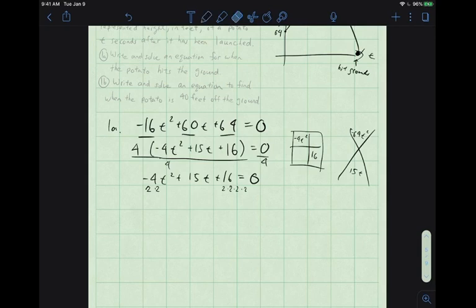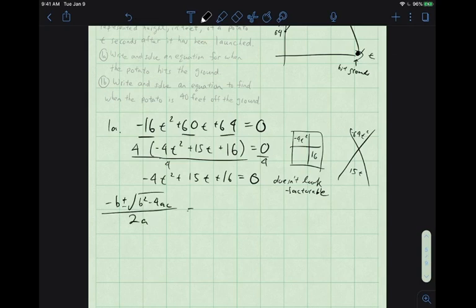So let's go to our handy dandy quadratic formula. Doesn't look factorable. Could be wrong. So let's use the quadratic equation. There's our a value, and for practice's sake, I'll just write out the quadratic equation again, like that.